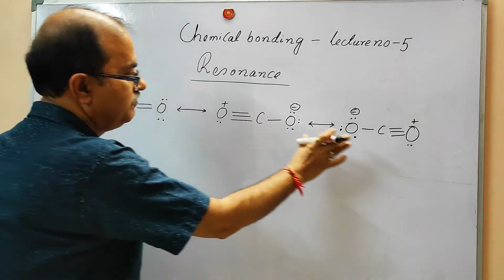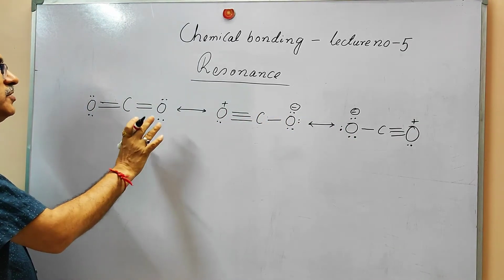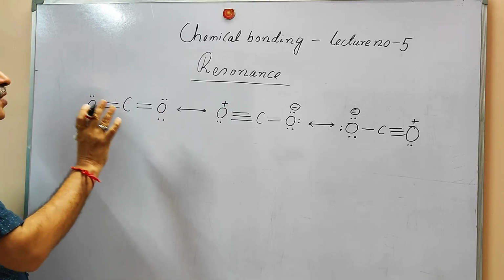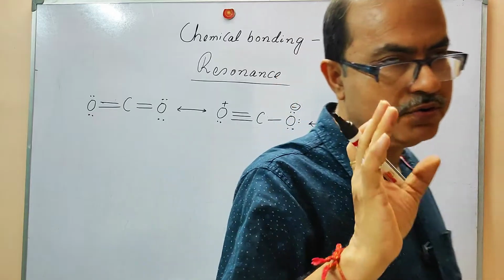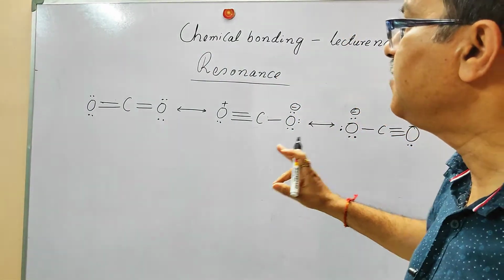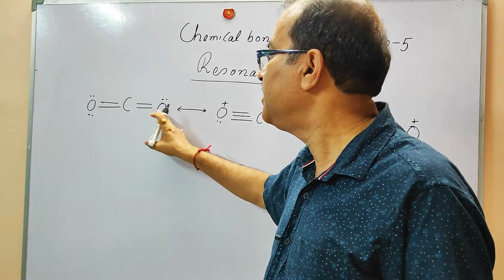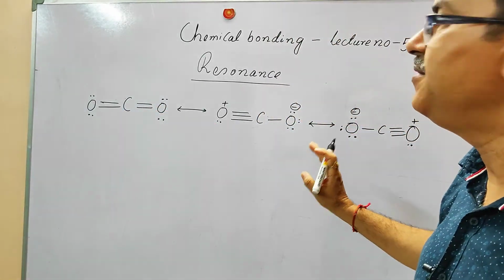This is shown by these three structures, and all these three structures show a very important thing: in the carbon dioxide molecule, the bond length between the carbon and oxygen will be different.